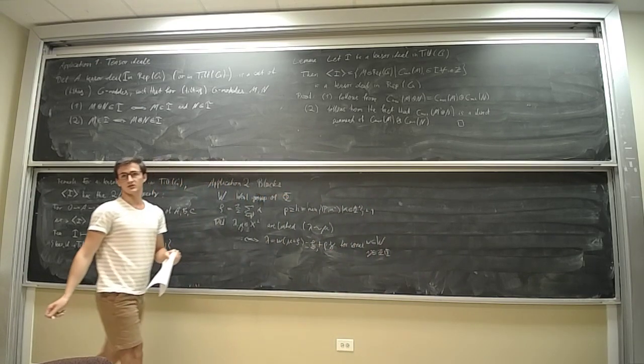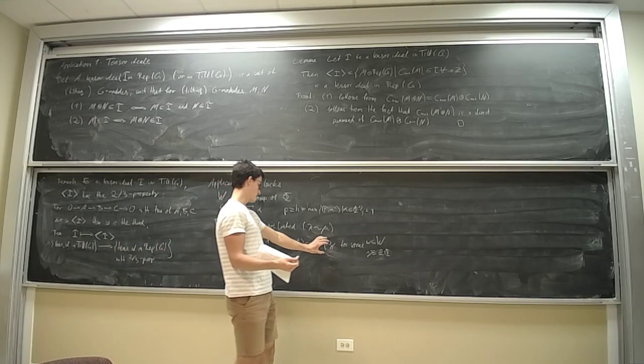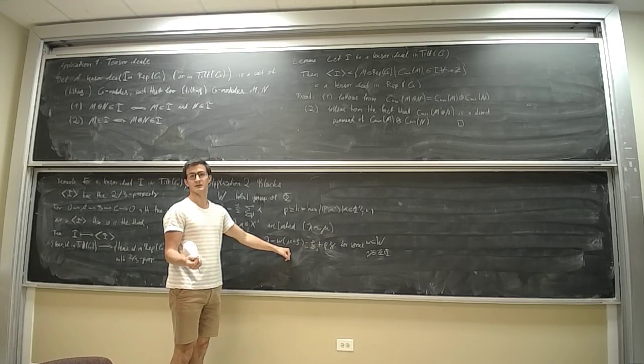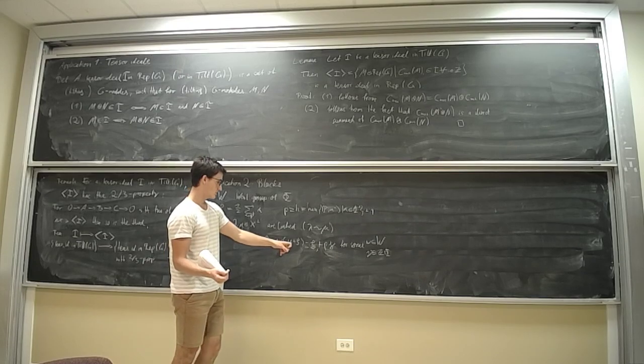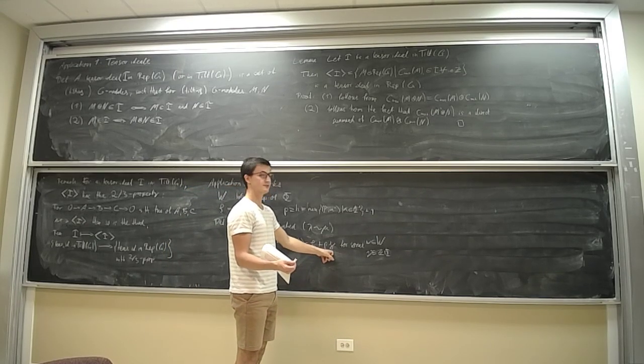Essentially, if you only look at the first part, this means that lambda and mu are in the same orbit under the dot action that we already saw when he was describing the blocks of category O last week. But now we're also allowing ourselves shifts by p-th multiples of elements of the root lattice.